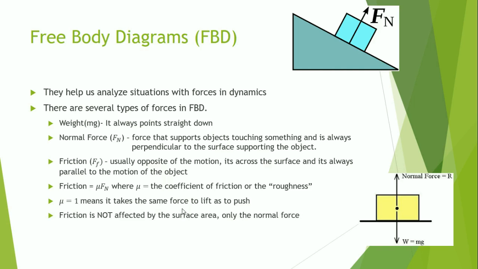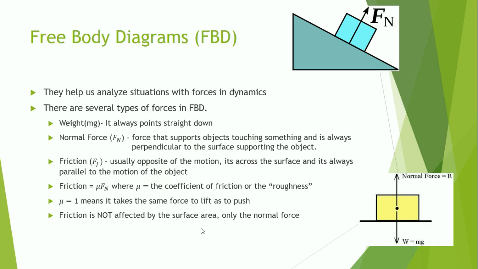Friction is not affected by the surface area. This is important. It's only affected by the normal force, or the force that the object's pushing down on the surface. Most people think that a greater surface area means more friction, but no, it only matters how much you're pushing down, or the normal force. Friction is not affected by the surface area with the ground. It's only affected by the force you push down with.